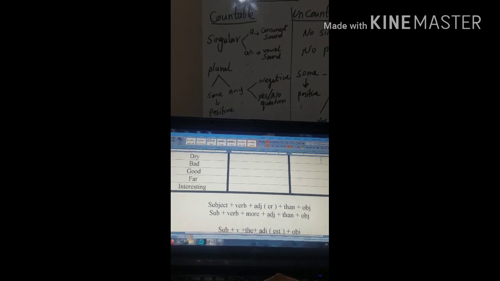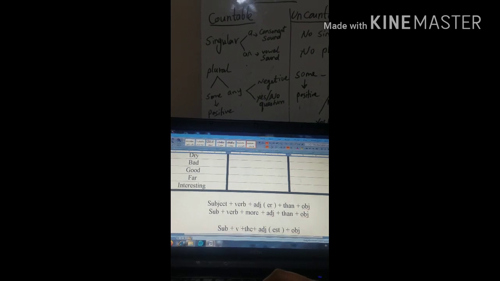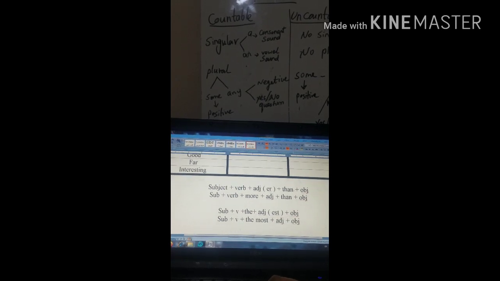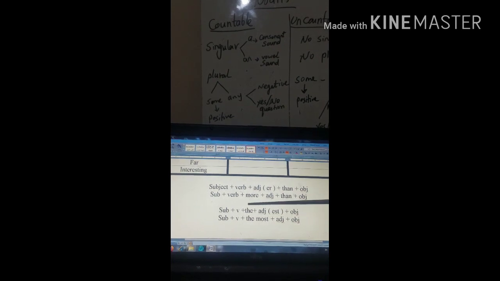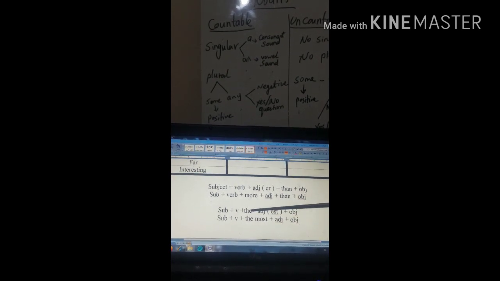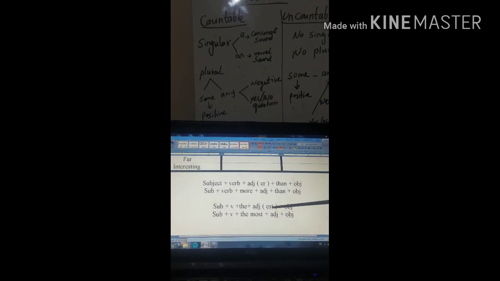How do we make the superlative? The superlative means I will distinguish or describe one among several things. So, subject plus verb, and I have to write the before the adjective. Then I will write the adjective. If it is short, I'll write est, then the complement.